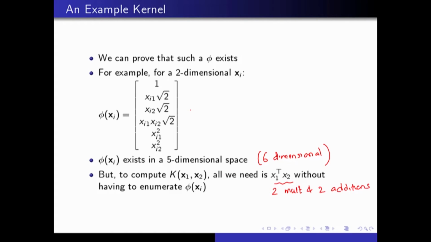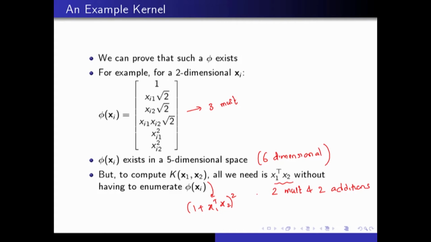However, if you were to compute the same thing in this space, you would need all these multiplications for each of the phi(xi)'s. We already need 3 multiplications basically. The square is also multiplication, and then the dot product. Of course, what we also need for computing the kernel is (1 plus x1 transpose x2) raised to 2.